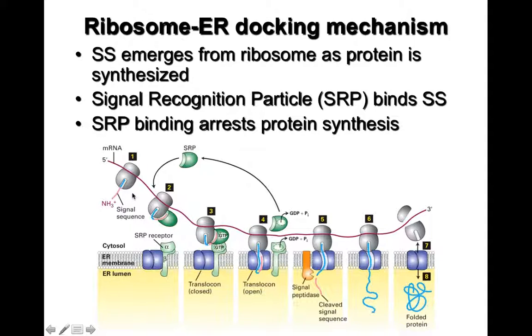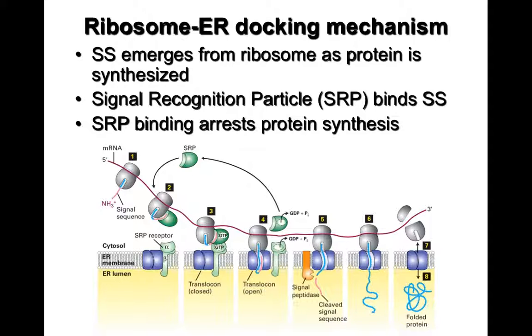In our example, if you remember your one-letter amino acid codes, serine, threonine, and aspartic acid make STD. So that's going to be our fun little signal sequence.